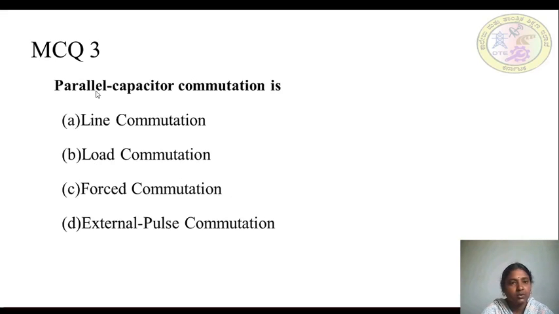Next, the third question: parallel capacitor commutation is used in line commutation, load commutation, forced commutation, or external pulse commutation. What may be the answer?